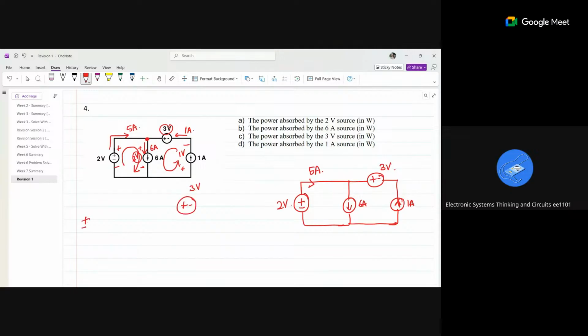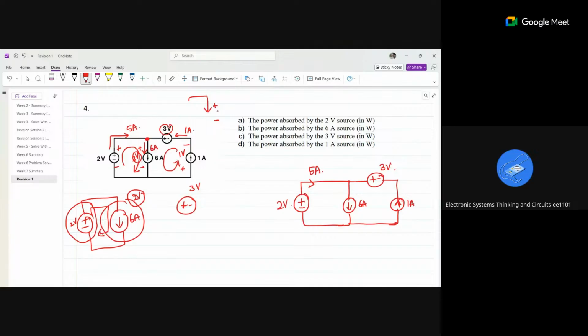Okay, first I will see this one. It is 2 volts here. I will take only the first loop. This is 6 ampere. If I apply KVL inside, if this one is delivering 2 volts, then it has to drop 2 volts, right? So the voltage is dropping here.